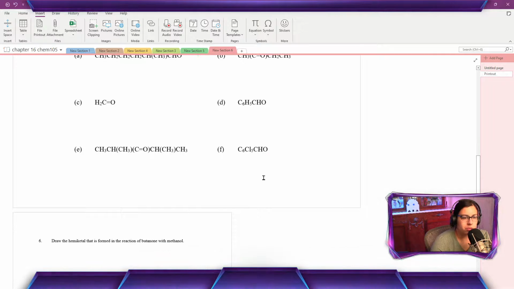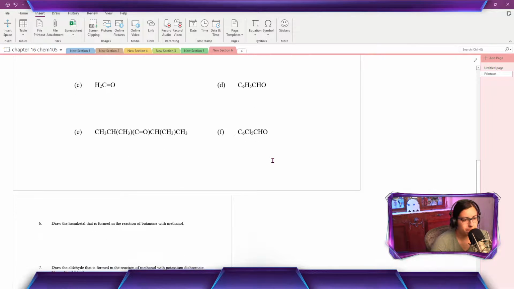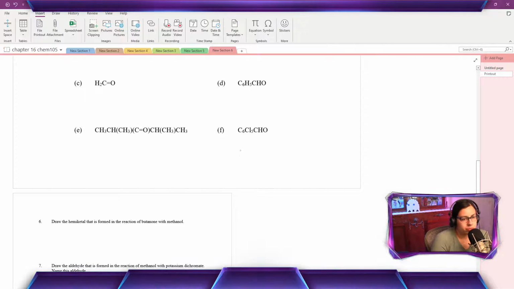Oh, this one might be interesting. So this looks like some sort of ring with an aldehyde group on it. So this is funny.